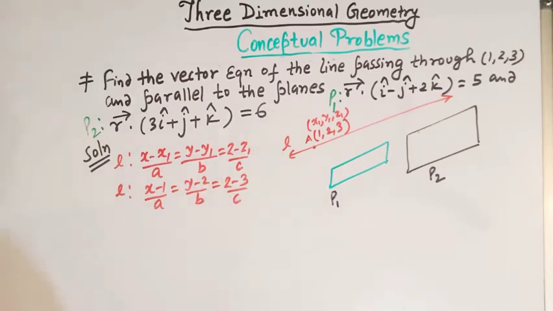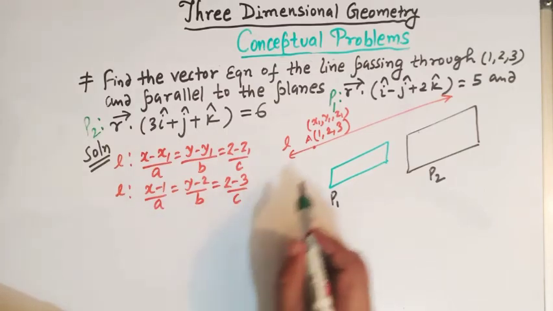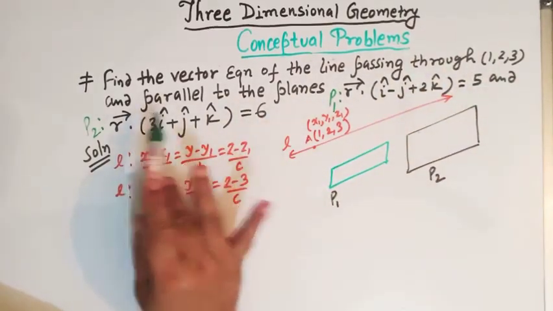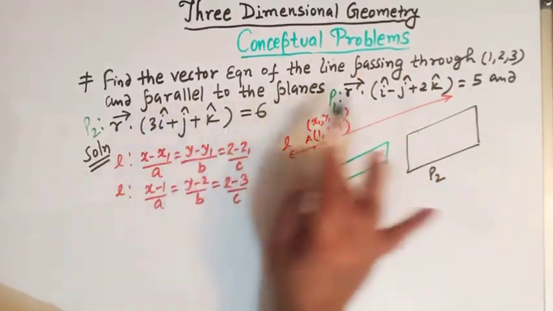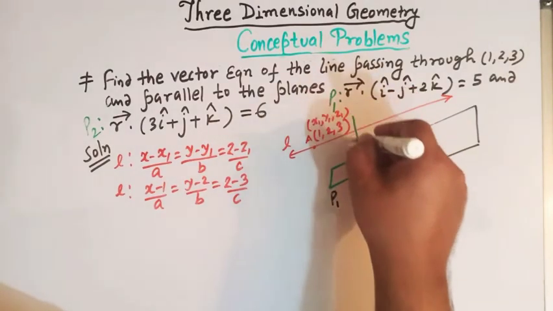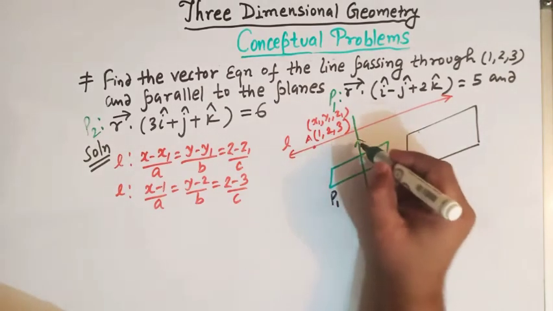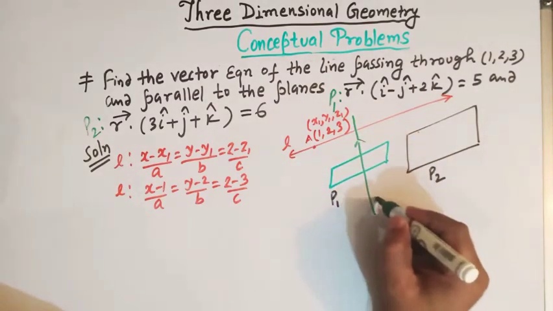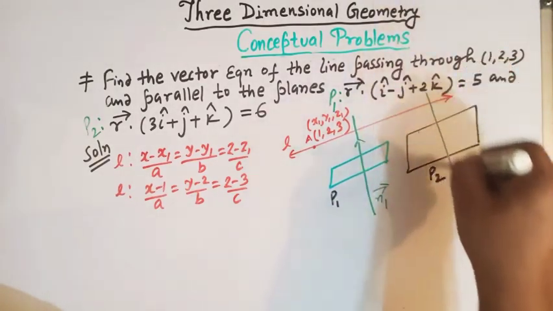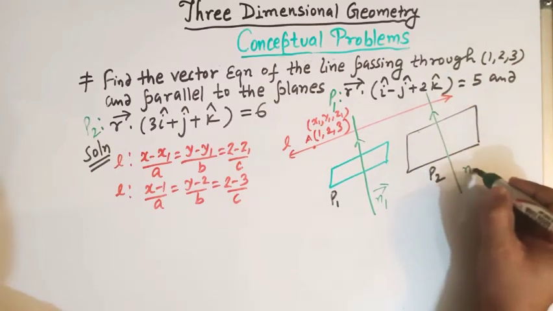Now here a, b, c are the drs of this line, right? Now this line is parallel to these two planes, so it means the normal to this plane is say n1, and normal to this plane is say n2, right?